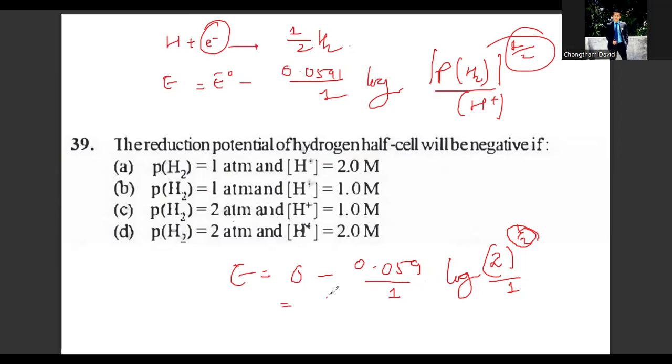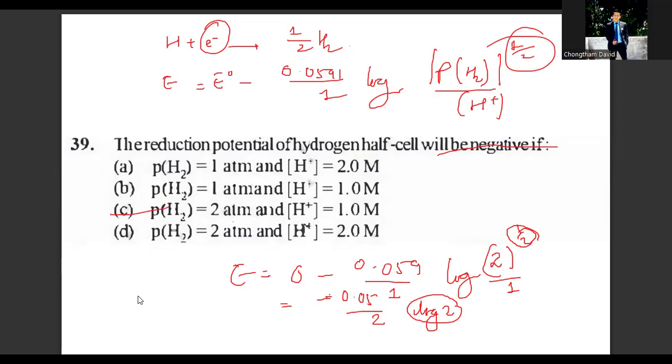So it would be minus 0.059 by 2. Take out this log. What is log 2? 0.301. So the answer would be a negative quantity, right? You need not calculate all this. Just find from this relation. 39 would be option number C.